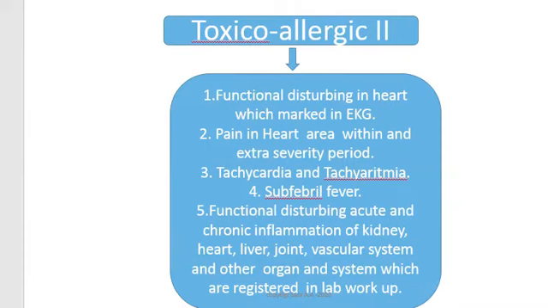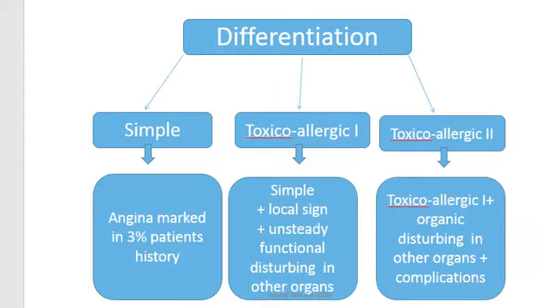But during toxic allergic 2, the simple plus toxic allergic 1 symptoms and toxic allergic second degree symptoms occur. For example, functional disturbance in the heart which is marked in the EKG, pain in the heart area within an extra severity period, tachycardia and tachyarrhythmia, subfebrile fever, functional disturbance, acute and chronic inflammation of the kidney, heart, liver, joint, vascular system, and other organs and systems which are registered in the laboratory workup.